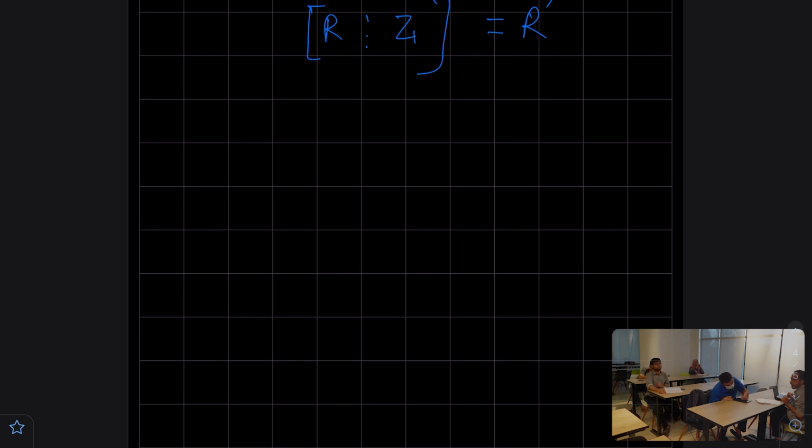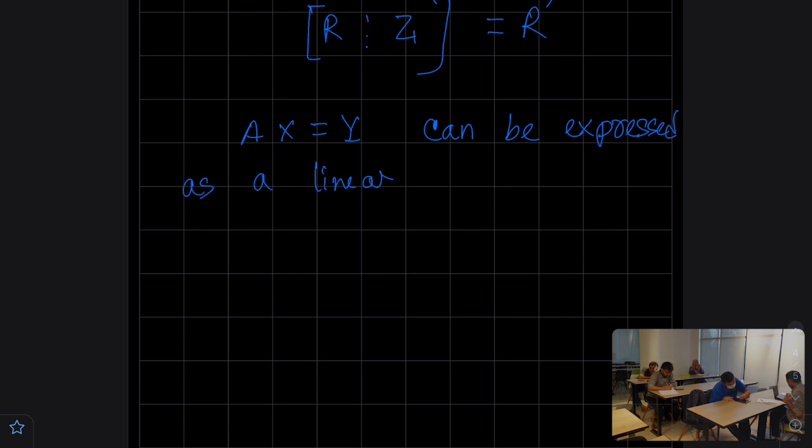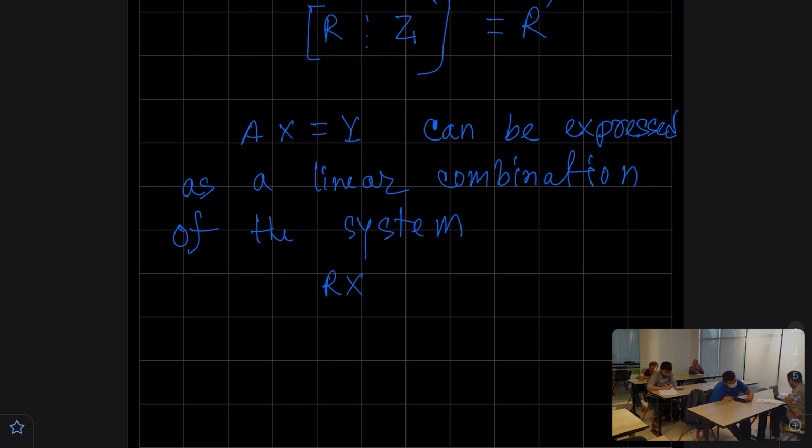So if we consider AX equals Y, it can be expressed as a linear combination of the system RX equals Z, right?